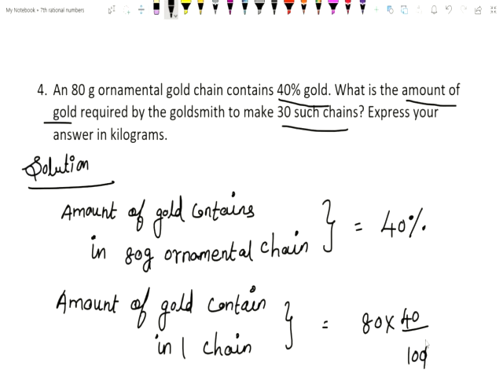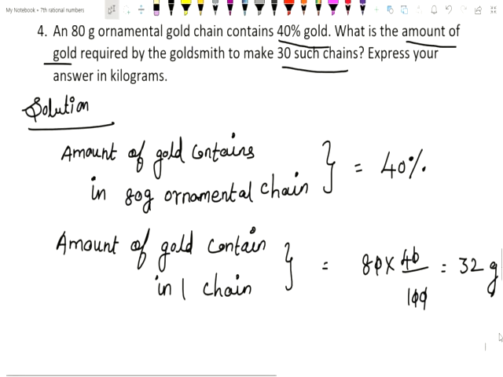So 10 cancels, 10 cancels, 8 4s are 32. 32 gram. In one chain, the amount of gold is 32 gram.